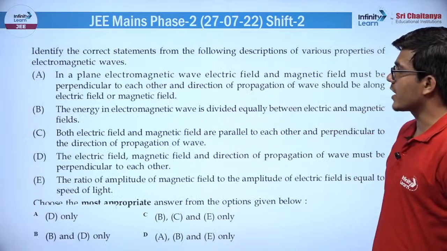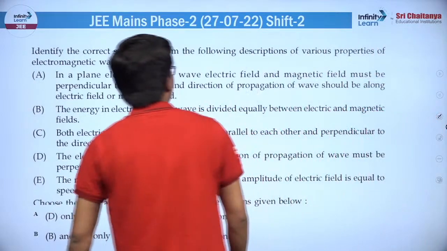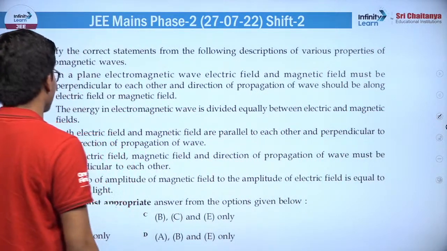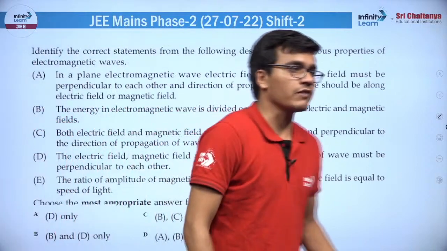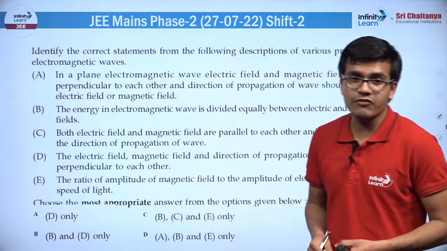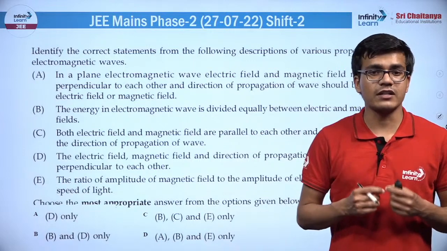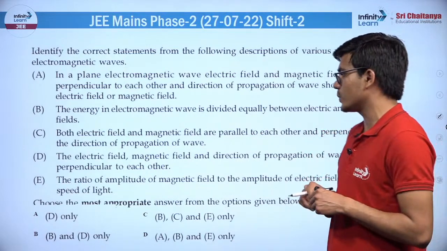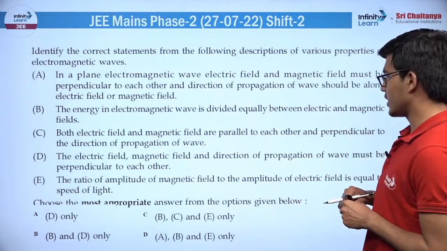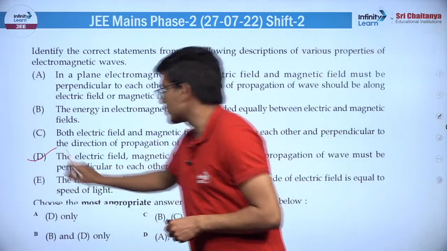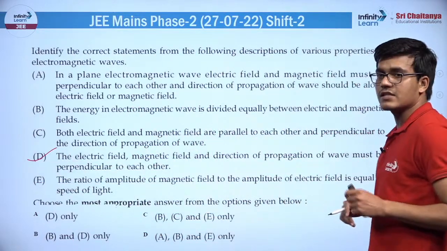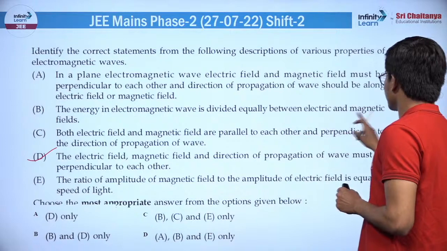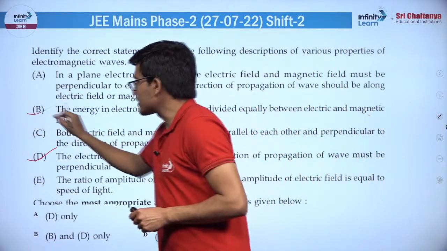Okay, moving ahead, identify the correct statements from the following description of various properties of electromagnetic wave. In electromagnetic wave, electric field, magnetic field and the wave direction are mutually perpendicular to each other. Okay, so that is given in D option. And energy is always equally divided between the magnetic and electric field, that is in B option.